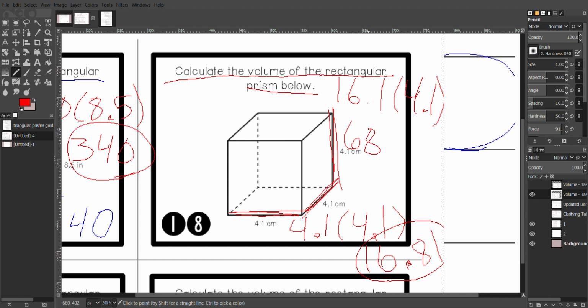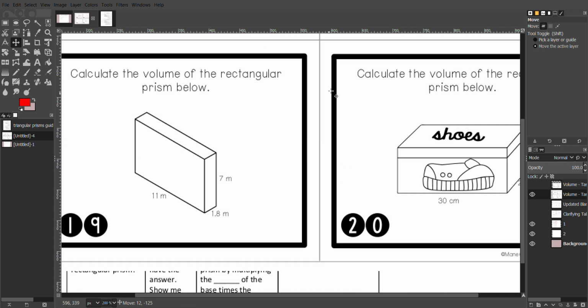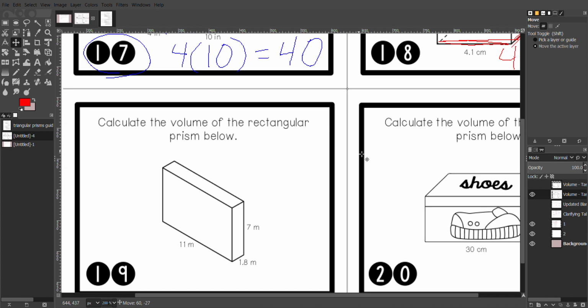So what is the volume of this prism? I will pause. The volume is 68.921. All right, now y'all are going to do 19 and 20 on your own.